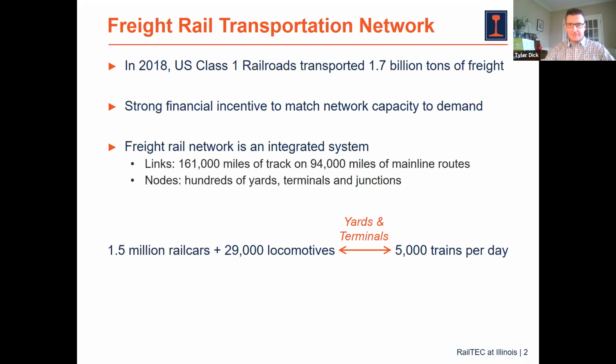And then similarly, those 5,000 trains arrive at their destination and it's at these yards and terminals that they're disaggregated into their individual rail cars and locomotives that then move on to their next shipment or next assignment. And so it's a very complex network, and defining the capacity of this network is quite the challenge.